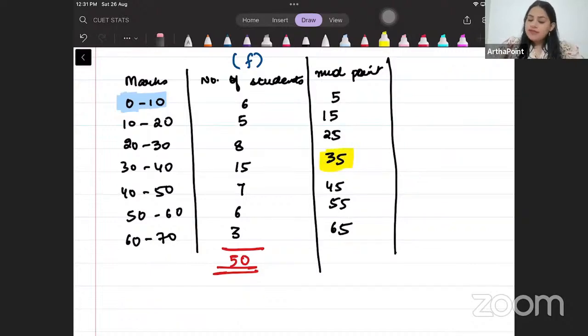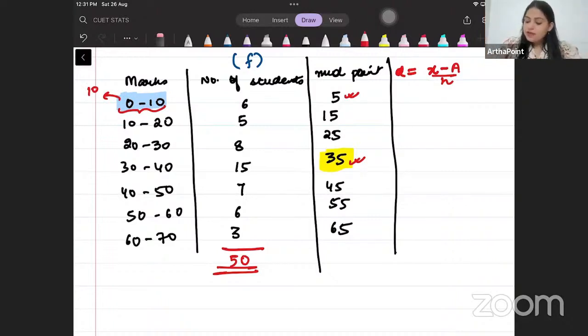Okay, beta. Then find out D. So what is deviation? X minus A divided by H. So X is 5 minus 35. So minus 30. And the size of the class interval beta is 10. And the gap between 0 to 10 is 10.